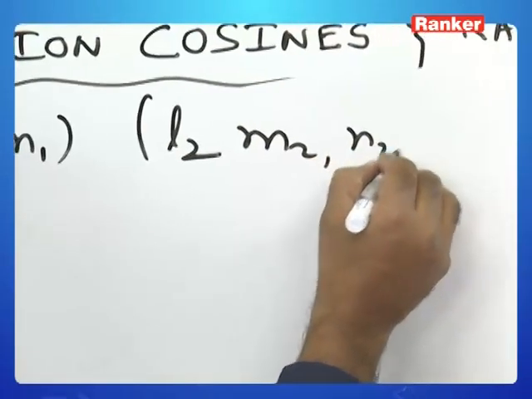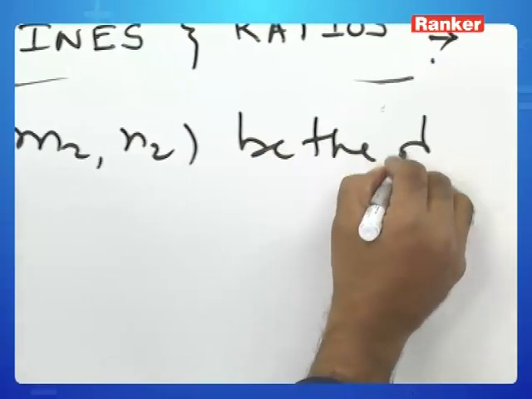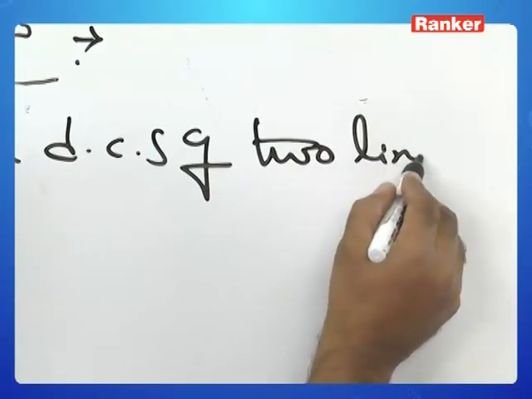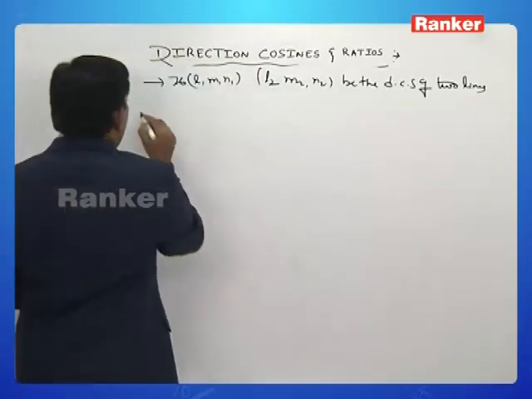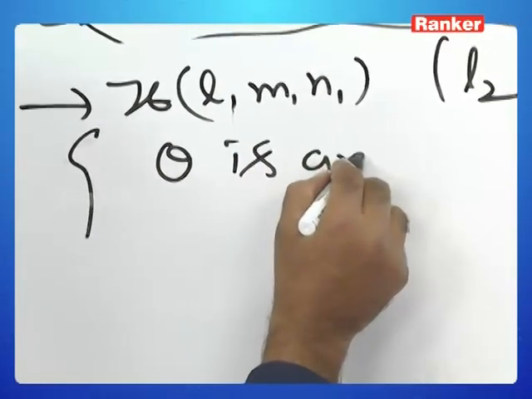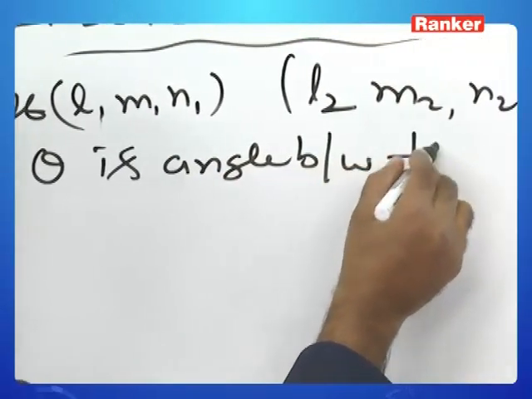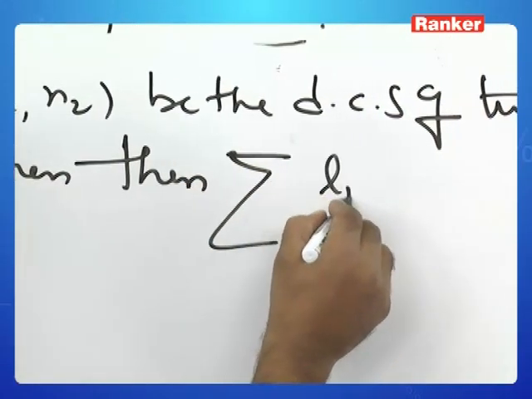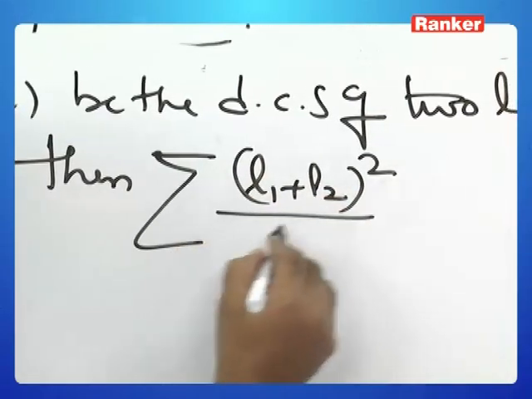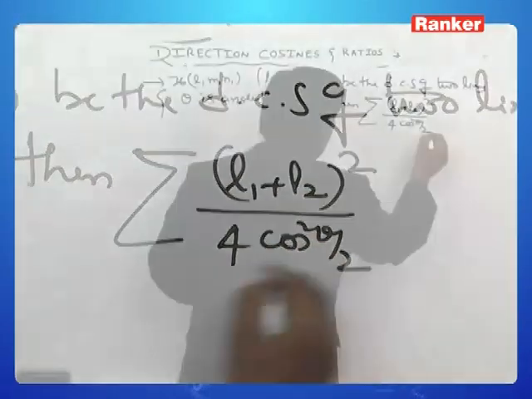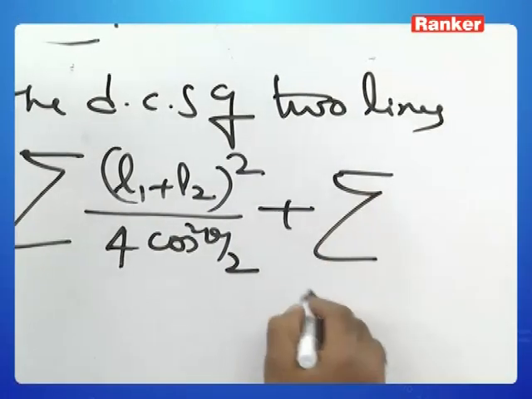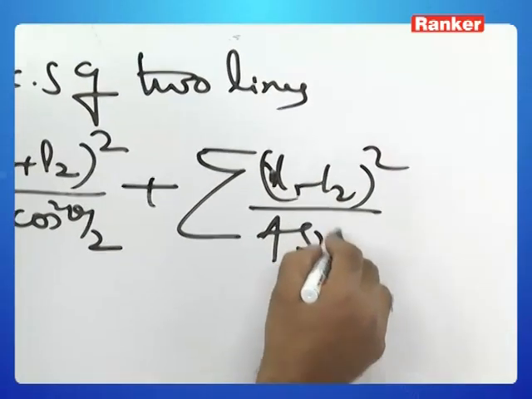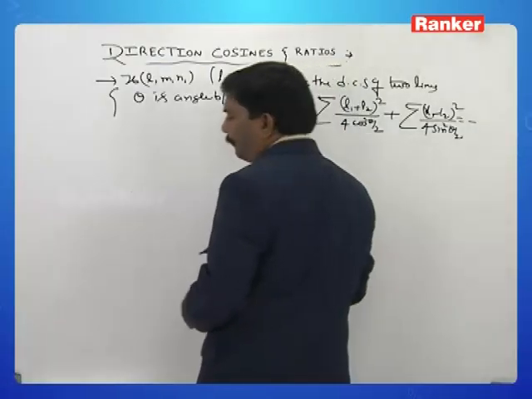If L1 M1 N1, L2 M2 N2 be the DCs of two lines and theta is the angle between them, then sigma (L1 plus L2) whole square by 4 cos square theta by 2, plus sigma (L1 minus L2) whole square by 4 sin square theta by 2 is equal to dash.